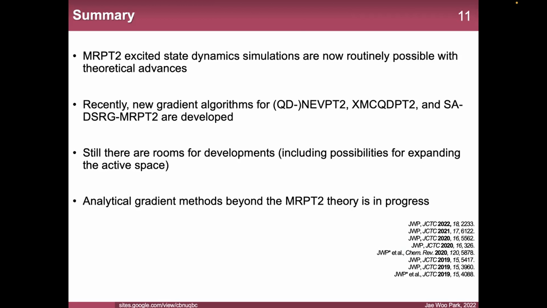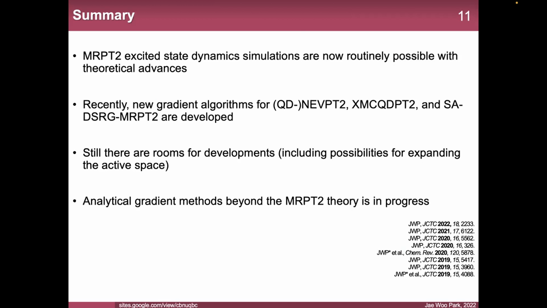So I will summarize the first part of my talk. MRPT excited state dynamics simulations are now routinely possible with analytical gradients. And I developed the new gradient algorithms for FPT2, MCQD-PT2, and DSRG-MRPT2. And I think there is still some room for development, including possibilities for expanding the active space.